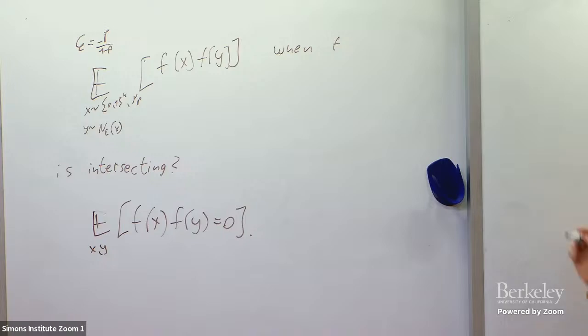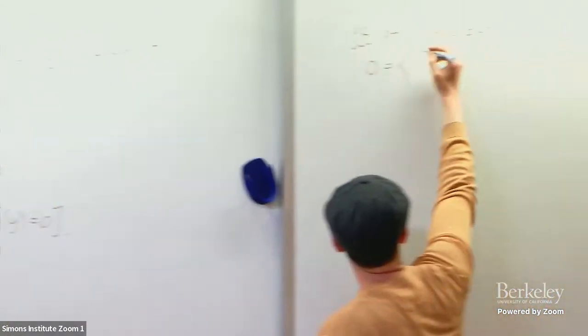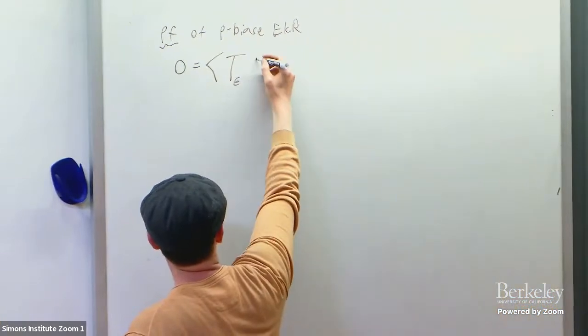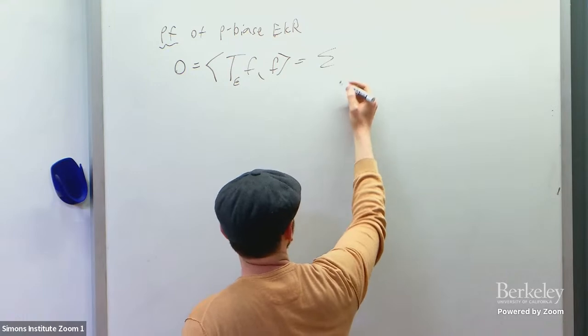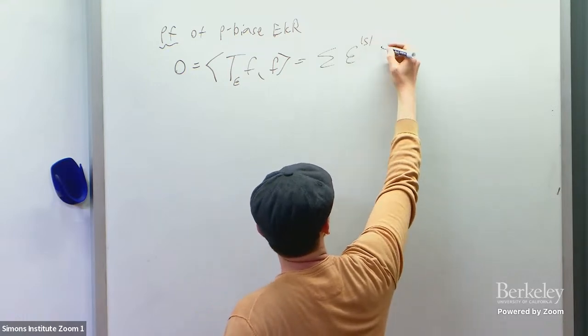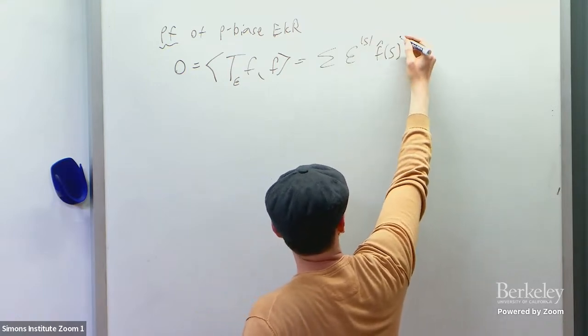And now what you can do is to say that 0, so this is the proof, p-biased. So 0 is the inner product between T_epsilon of f and f, which is the sum of epsilon to the |S| times f-hat at S squared.